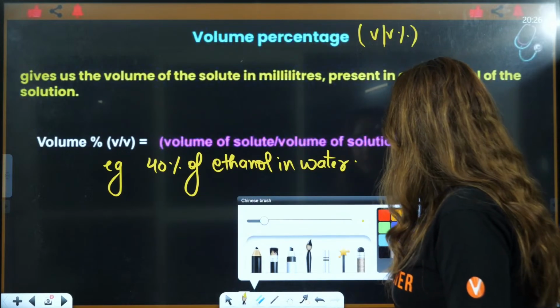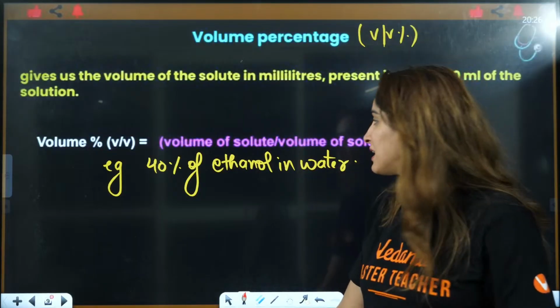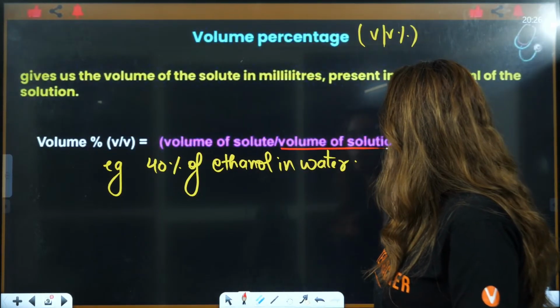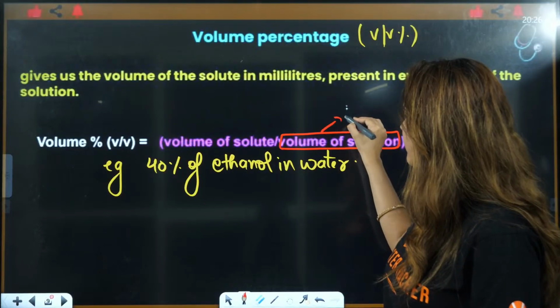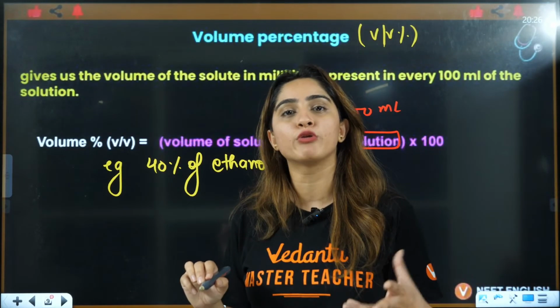Let's see. As I told you, whenever it is 40%, you will take the volume of solution as 100 milliliter, because I told you that volume you will always calculate in milliliter, right?